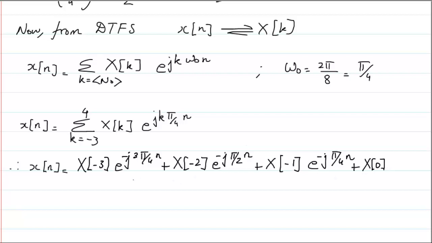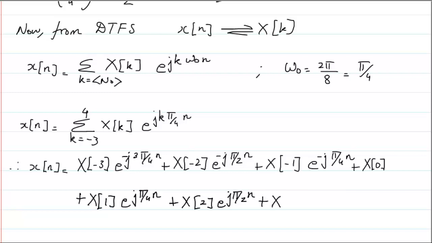Next, plus x of 1 e raised to power j pi by 4 n plus x of 2 e raised to power j 2 pi by 4, so it becomes pi by 2 n, plus x of 3 e raised to power j 3 pi by 4 n, and in the end x of 4 e raised to power j 4 pi by 4, which is pi n.